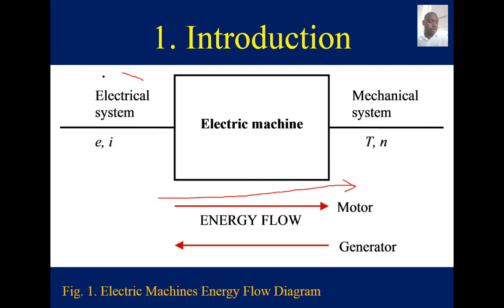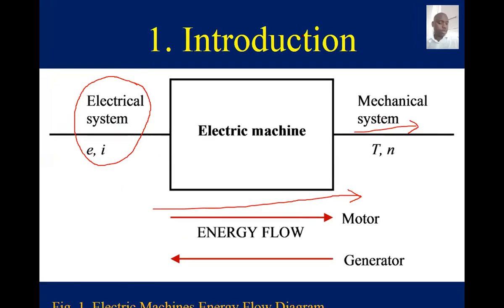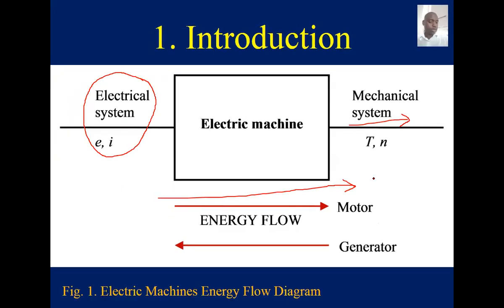So we have electrical energy supplied as voltage and current. Then the output will be torque and speed, which are the quantities which we consider. But then when we are in the generator mode, we'll be moving from torque and speed being converted to voltage and current.